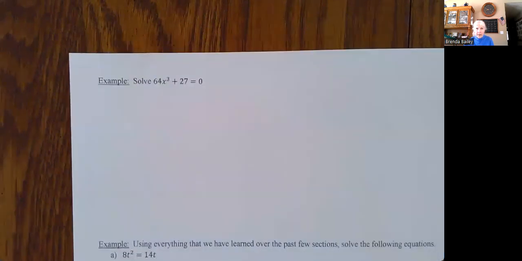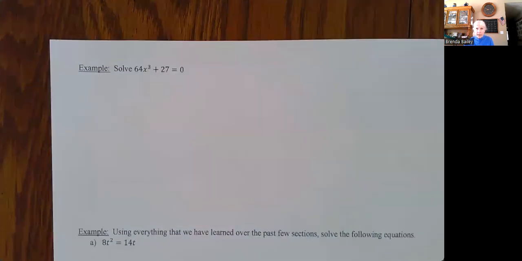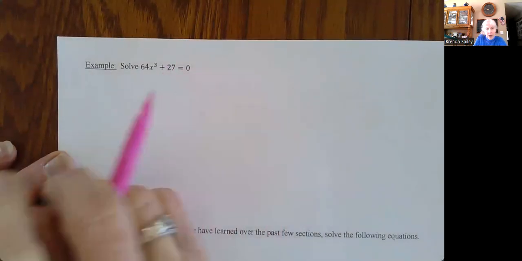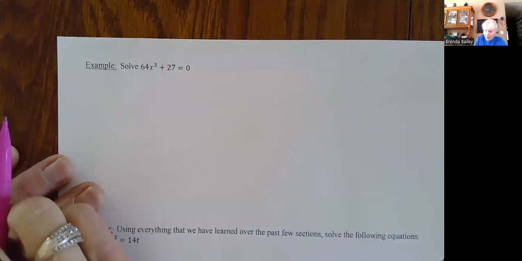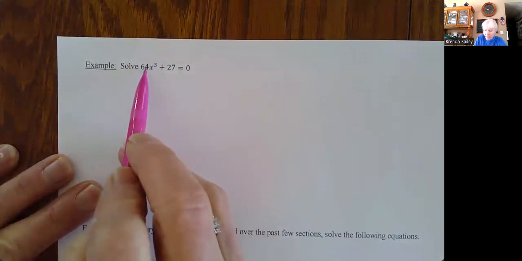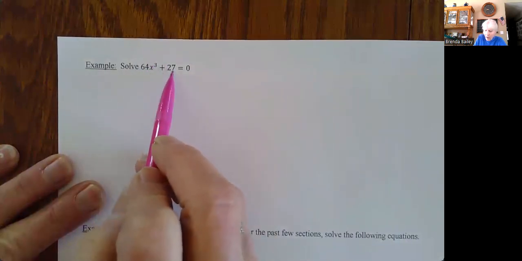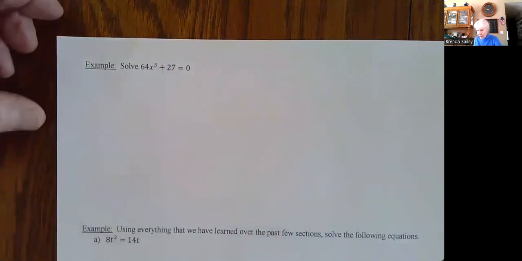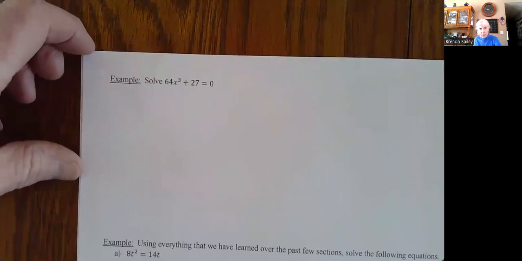Righty. Looking at this one again. All right, so again, we'll set it equal to 0, which it already is. Then we look for the greatest common factor, and there's not something that goes into 64 and 27 both. The 27 doesn't have a variable. So we recognize that it's a sum of 2 cubes.